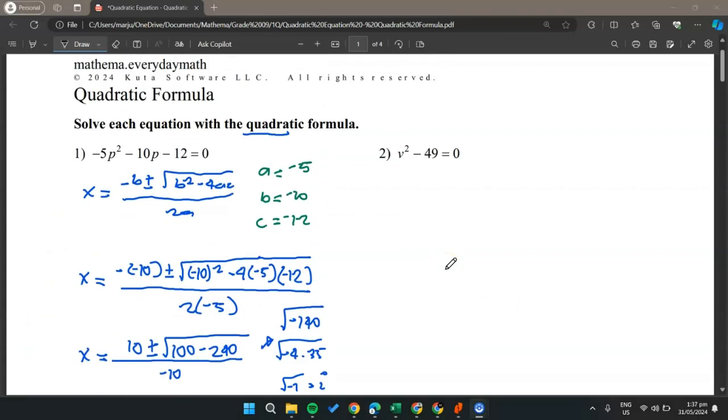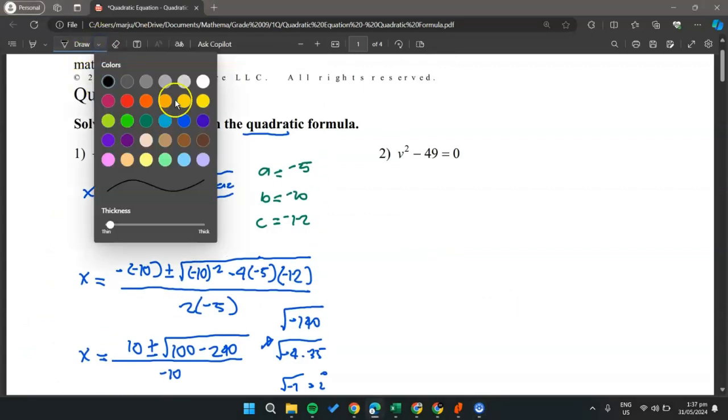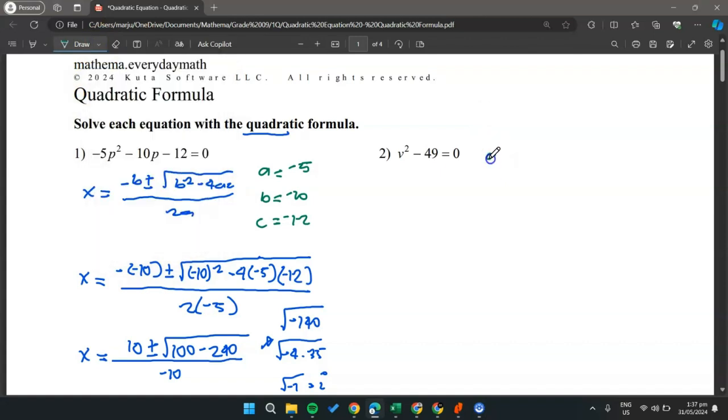So let's have number 2. Again, let's first identify our a, b, and c. Our a equals 1, and then our b is actually 0. We don't have b. Our c is negative 49. Using the quadratic formula, we will get x is equal to negative b, that is negative of 0, so that is 0.